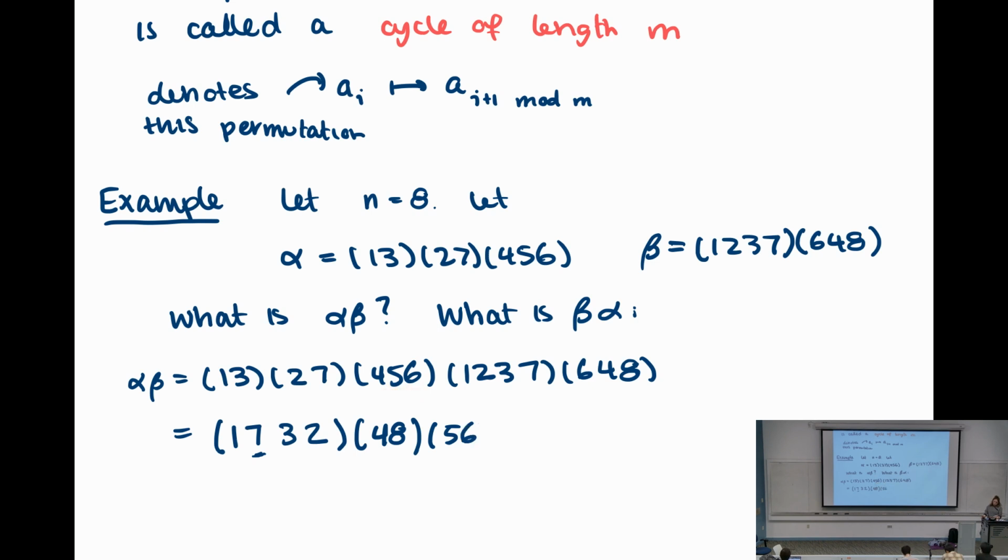And at this point, we've used up all the numbers, so we should be done, but we might as well just check. 6 goes to 4, and 4 goes to 5, and then 5 is fixed from thereafter, so 6 goes to 5. Okay, so this would be our final answer for how to write this product as a product of disjoint cycles. Does this make sense?